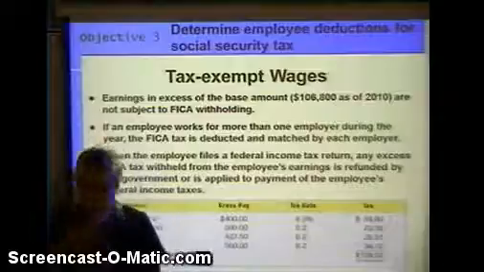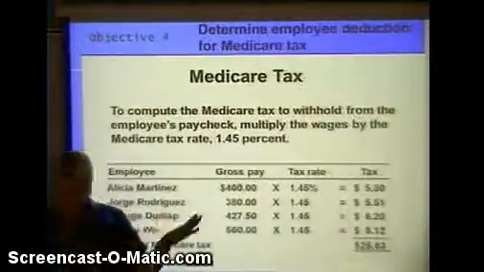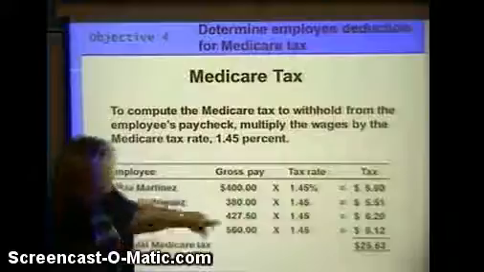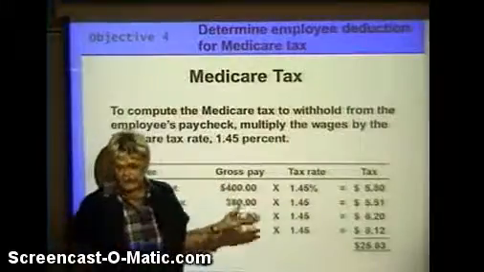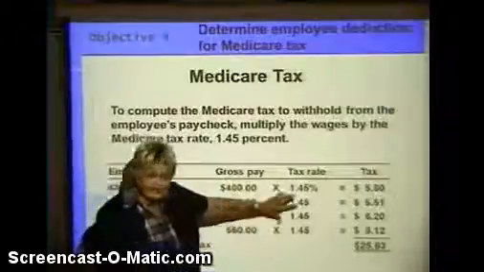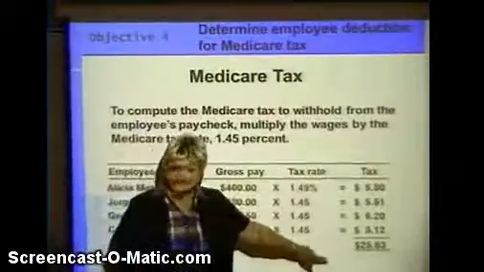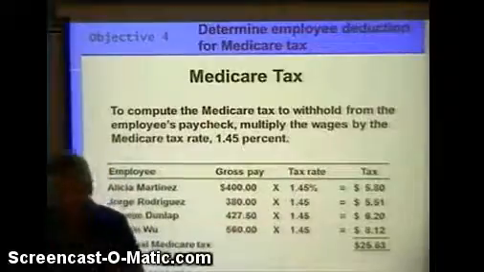It's just multiplication. Okay, Medicare, same thing. Looking at the same people, the next column would be how much we have to take out for their Medicare. We take their total gross pay times 1.45%. Come up with how much we take out of their check for that amount.